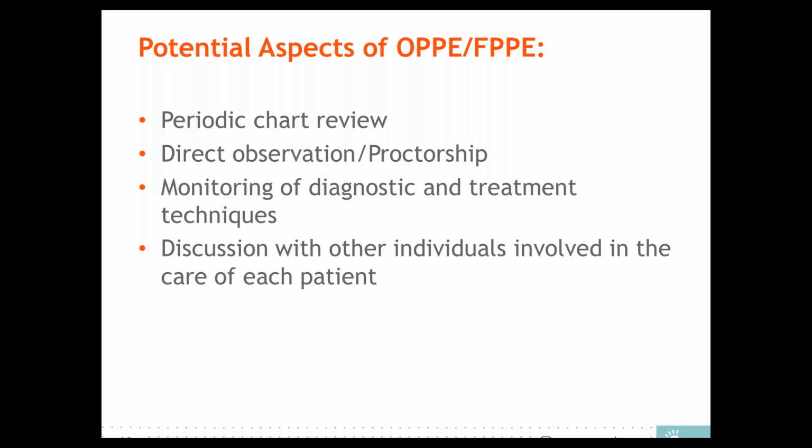Having direct observation or proctorship, you may have a case where it's a brand new procedure, nobody's ever done it at your facility before, and you may have to bring in a proctor to evaluate the first couple cases to make sure that they're being done appropriately.